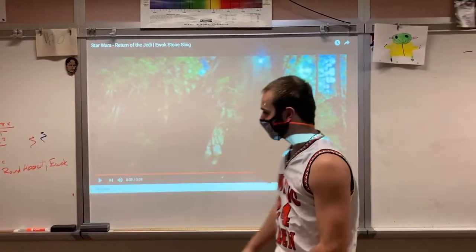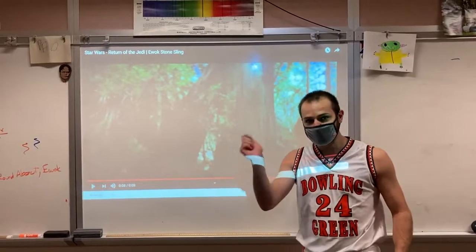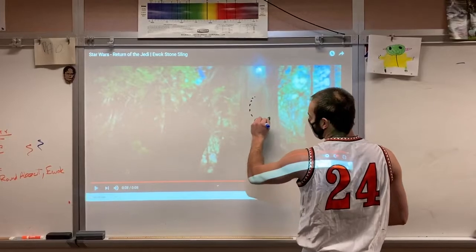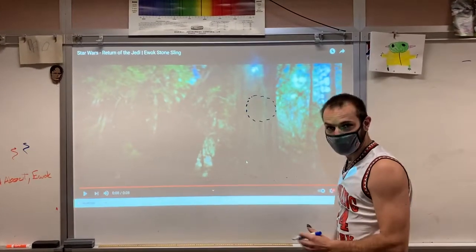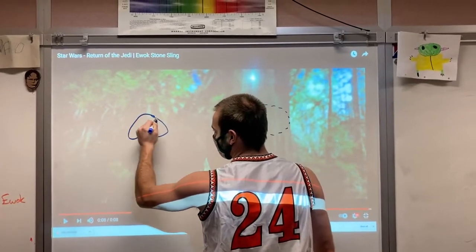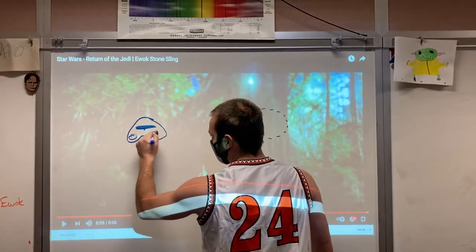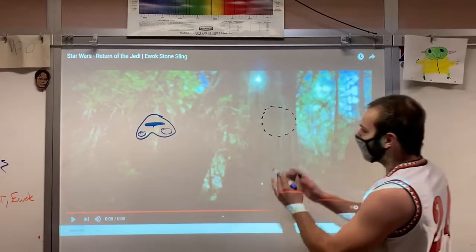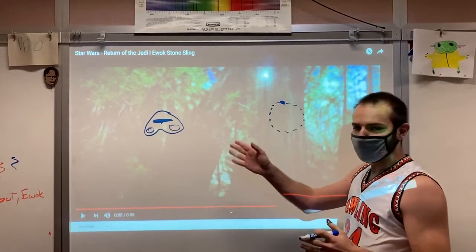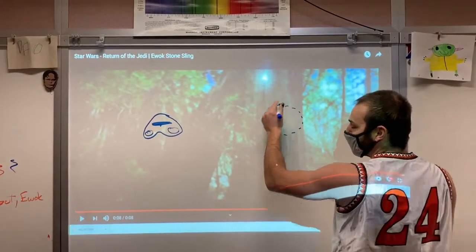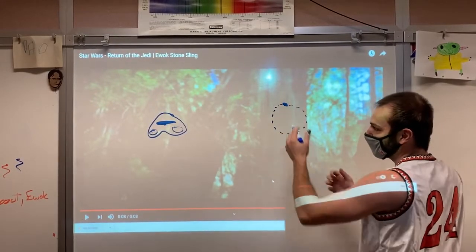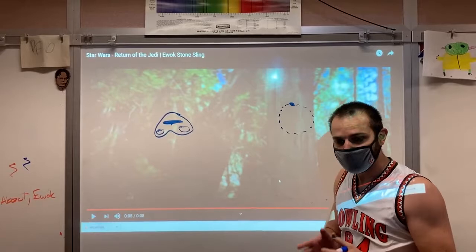Let's look at this for a second. When the Ewok was spinning that sling around and wanted to hit the stormtrooper, right? That stone was spinning in a circular motion. Let's say, stormtrooper over here, naturally. And let's say that the rock is right here. If the Ewok wants to hit the stormtrooper with that sling, we just learned about tangential velocity, right? So as that rock spins in a circle, the velocity is always tangent to that circle.